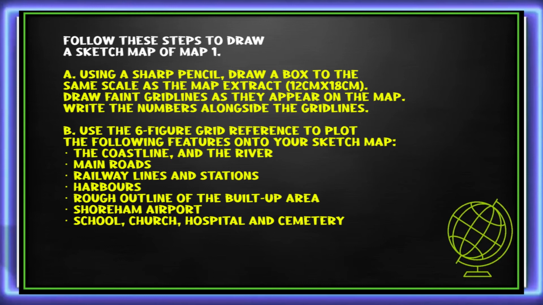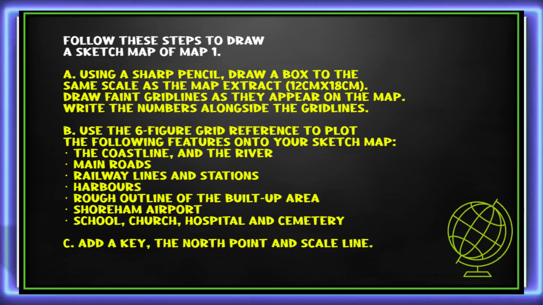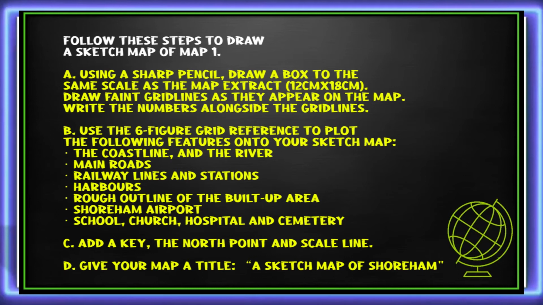When you're finished doing that, you add a key, the north point and scale line, and give your map a title, a sketch map of Georgetown, or probably within your village or area, whichever sketch map you've decided to use.